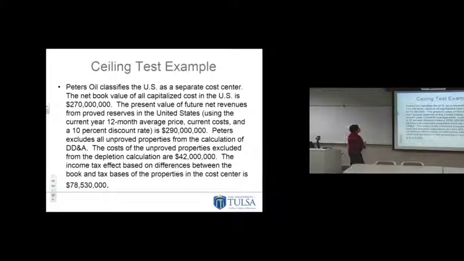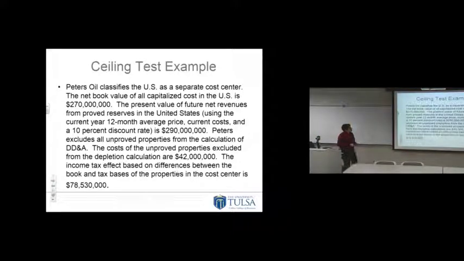So Peters Oil classifies the U.S. as a separate cost center. The net book value of all capitalized costs in the U.S. is $270 million. The present value of future net revenues from proved reserves only in the U.S., using the current year 12-month average price, current cost, and a 10% discount rate, is $290 million.